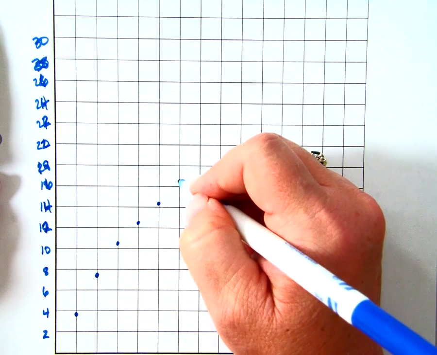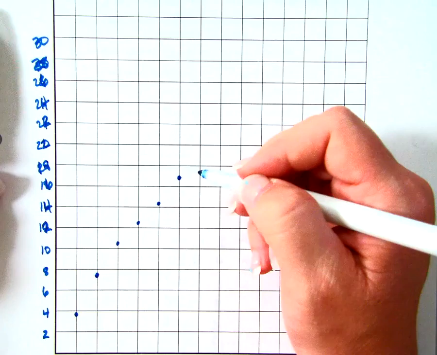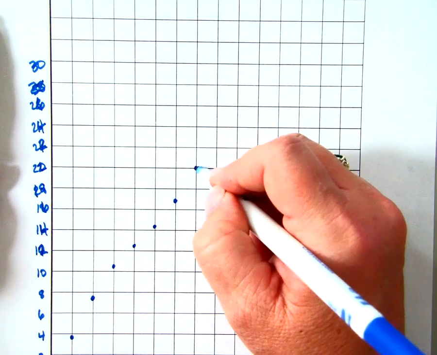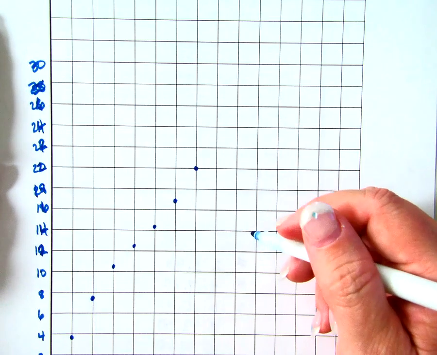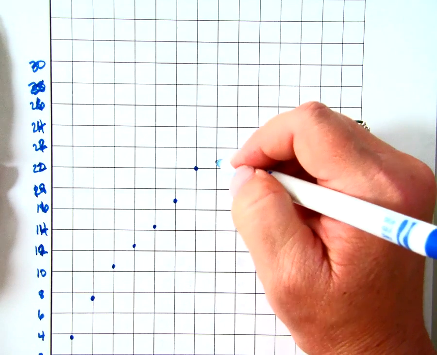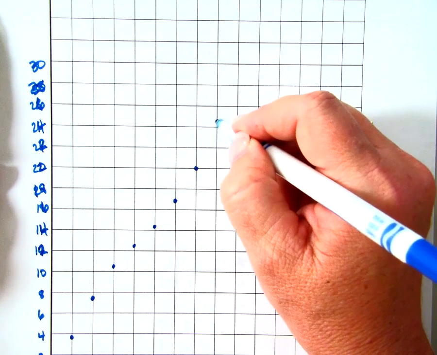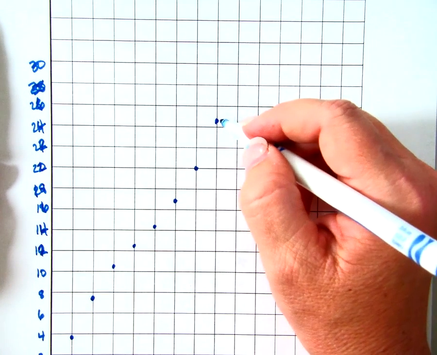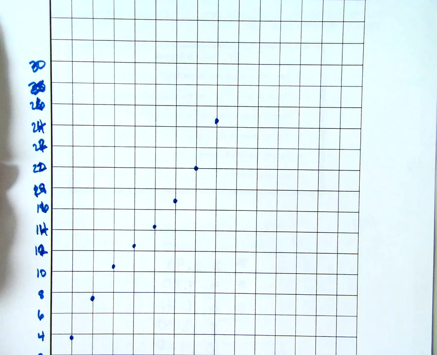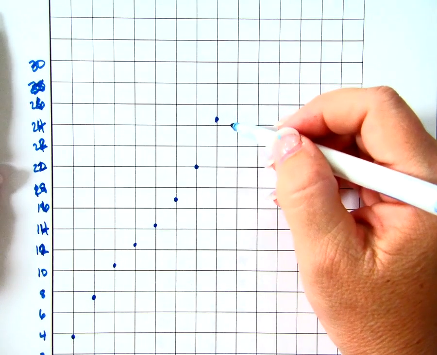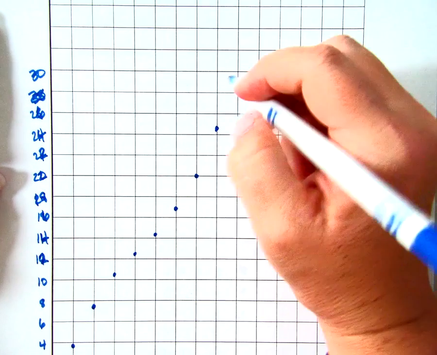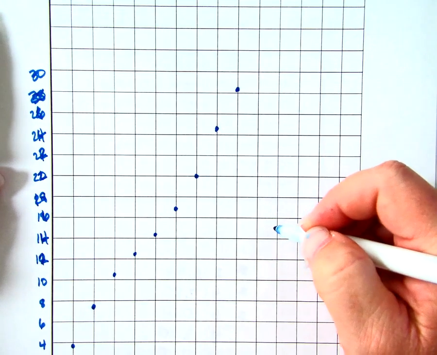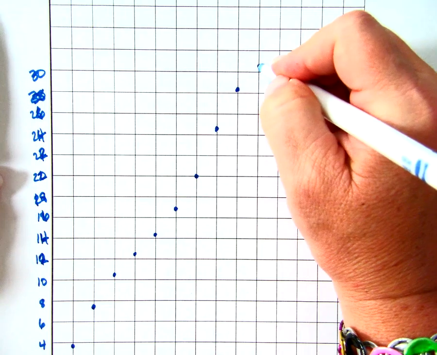So right there. 14 is 20, basically. 16 is 24.73, which is almost 25. 18 is 28.25. And 20 is 30.5, so maybe like right there.